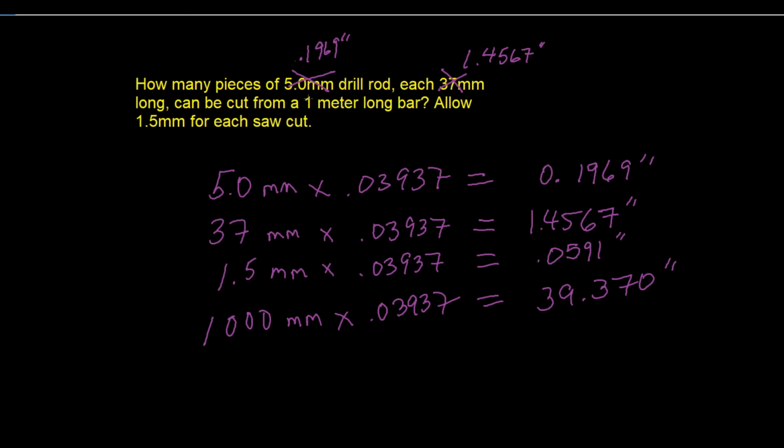So let's cross this out, 39.37 inch long bar, allow 0.0591 inches for each saw cut. Your numbers are still going to be the same. You still have 25, if you recall, that was how many we had over there. But now you've got all of your numbers in inches, and this is how you convert millimeters to inches.